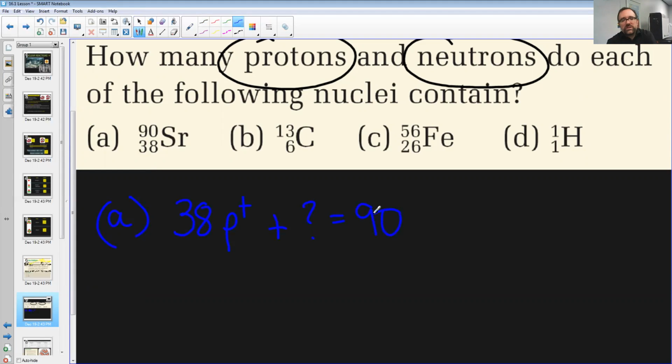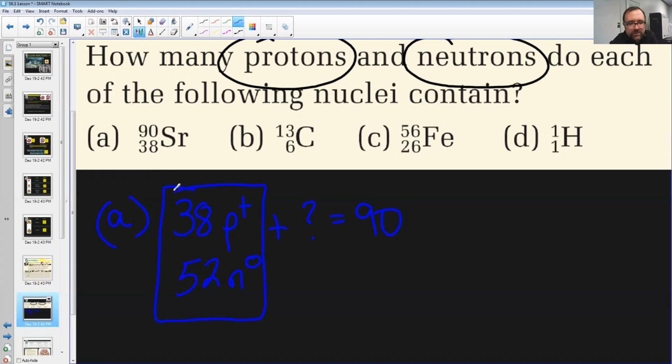We just need to do some simple math here to figure out how many neutrons there will be. 90 minus 38 gives us 52. So that would mean there are 52 neutrons in this question.